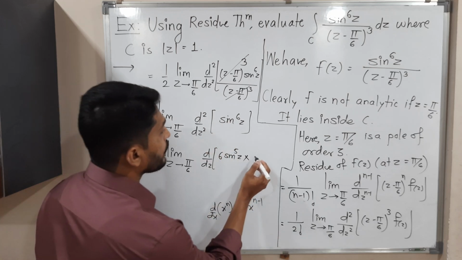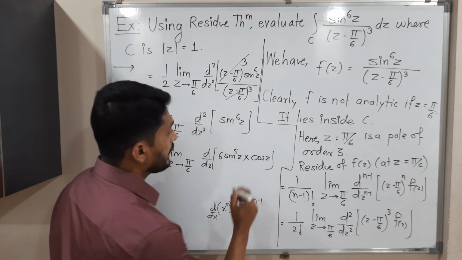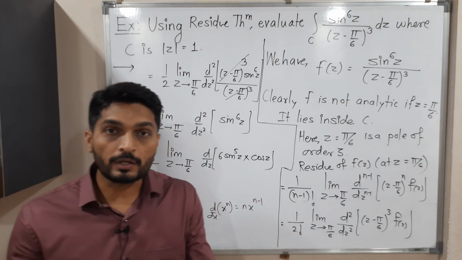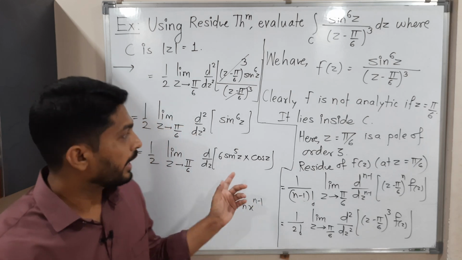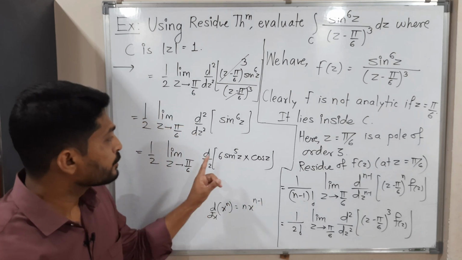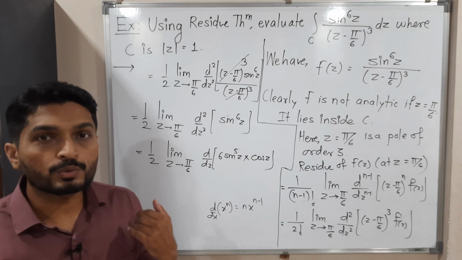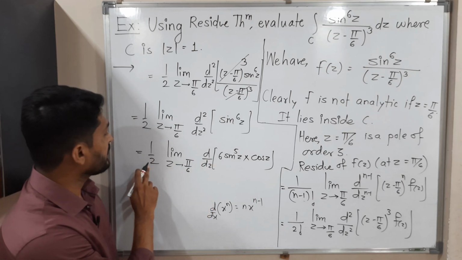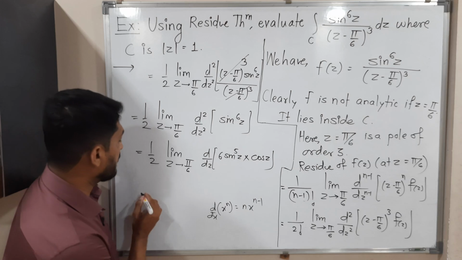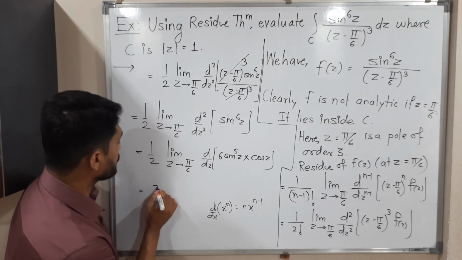Derivative of sine is cos z, it is called the chain rule. That means we take the derivative of the outer function first, then we go inside and take the derivative of the inner function. So I use the chain rule here. 6 is a constant, you can take it outside, but it will get cancelled by 2 and we will have 3 only, 6 by 2 which is 3.